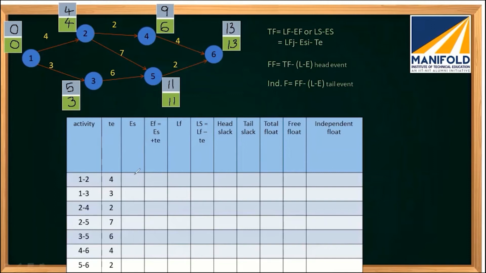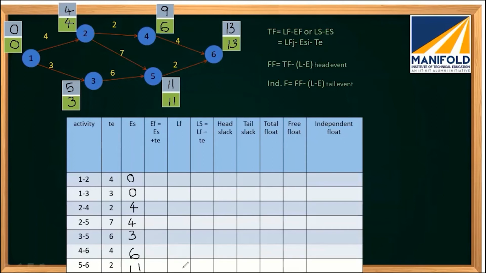For 1, 3 also, since 1 is the starting event, the earliest start time is 0. For 2, 4, the earliest start time will be 4. For 2, 5 also, it will be 4 because 2 is the starting event. For 3, 5, that will be 3. For 4, 6, 4 is the starting node and the value will be 6. And for 5, 6, 5 is the starting node, so it will be 11.